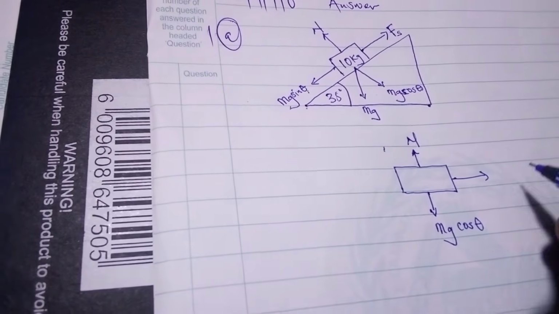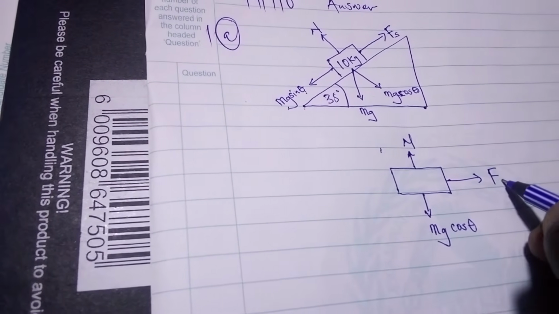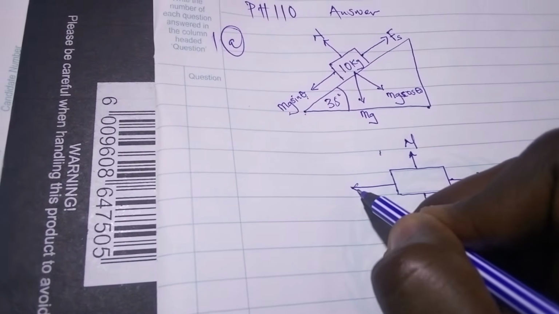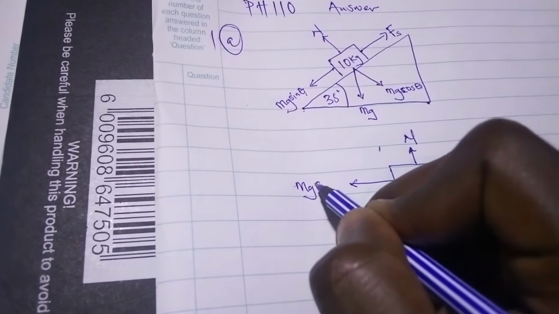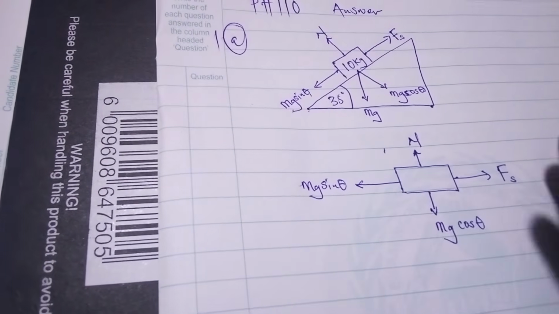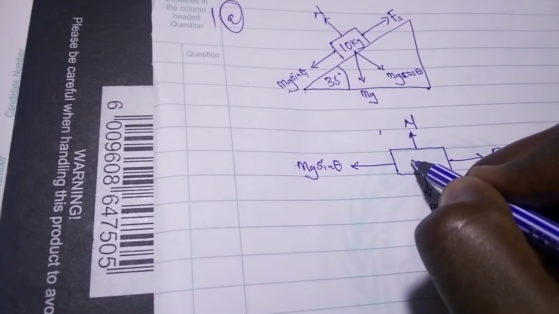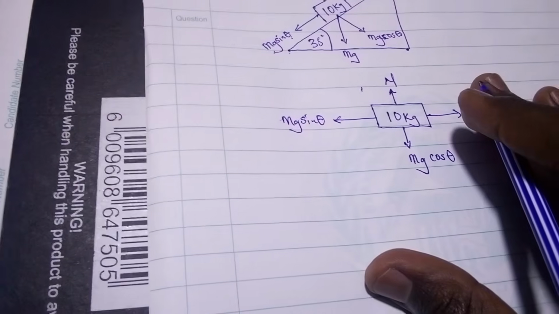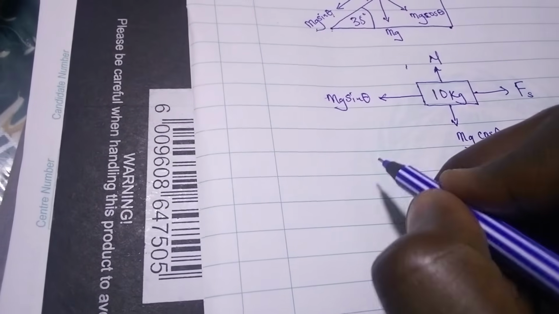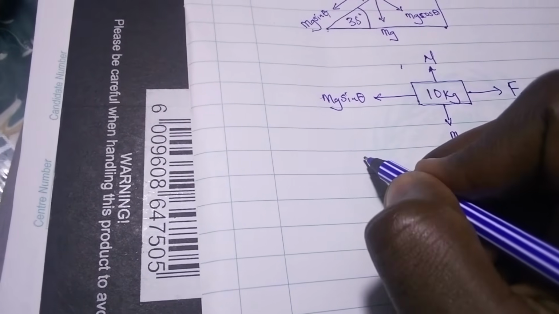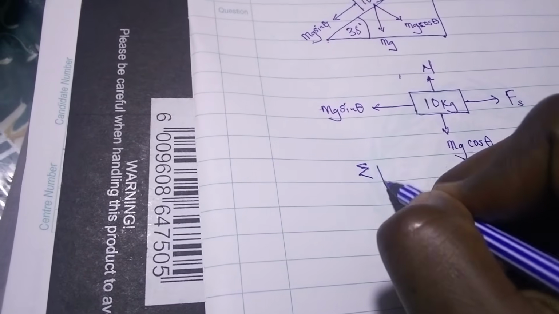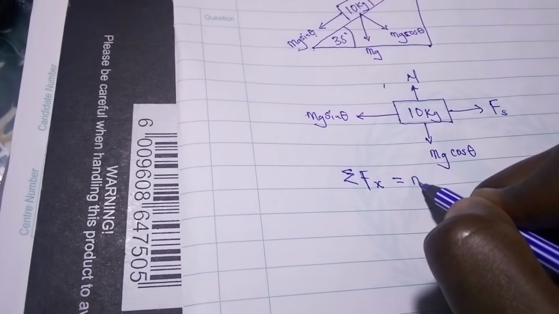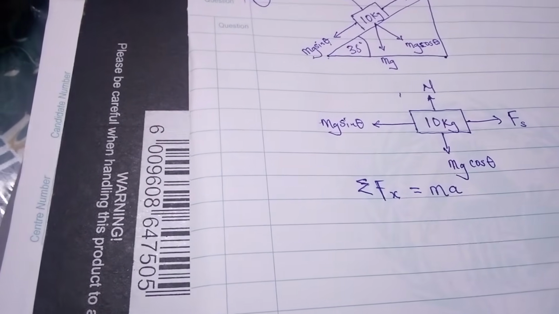There was static friction on that side, and then there was mg sin theta. The same wood block was 10 kg. Bear in mind that under Newton's second law, the summation of forces in the x-axis should be equated to mass times acceleration.